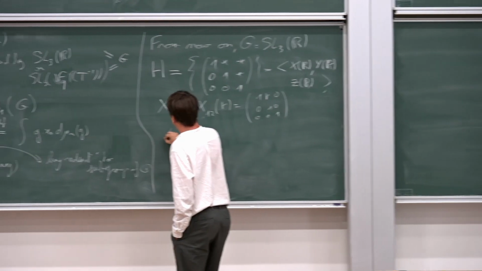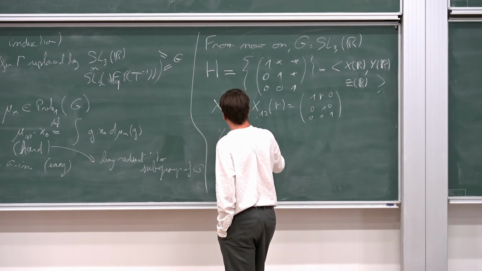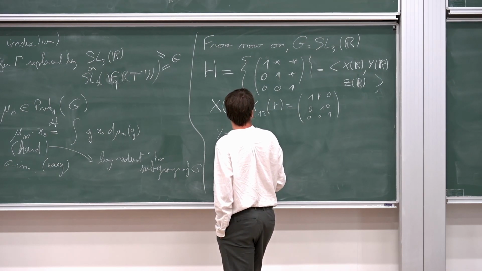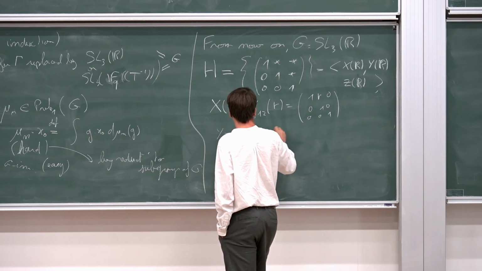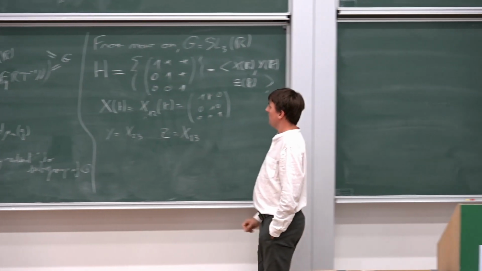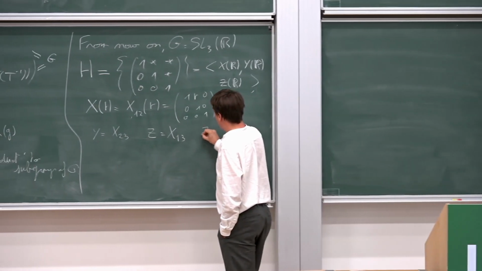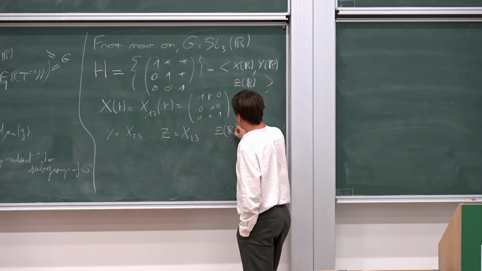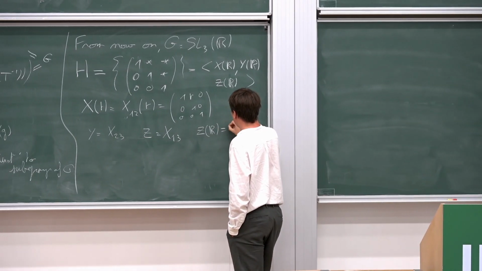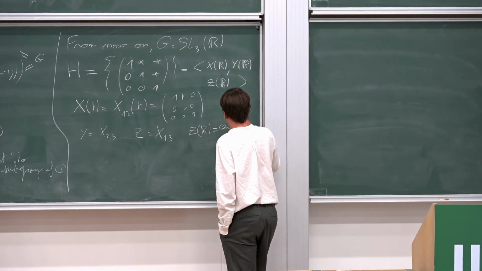Y is x2,3, and z is x1,3. So indeed, as the notation suggests, this subgroup Z is just the center of H.